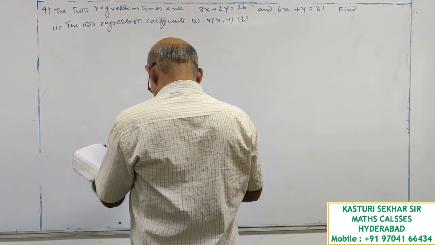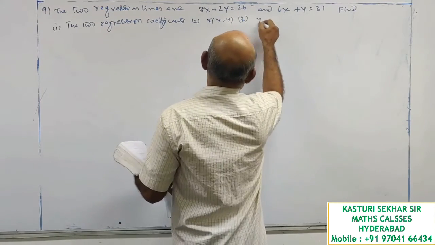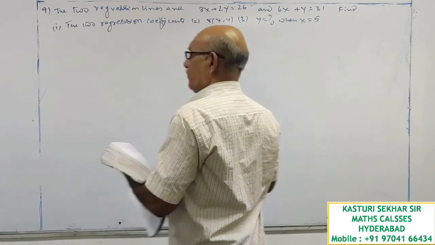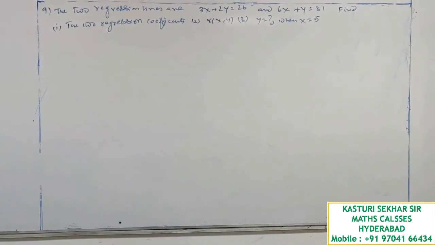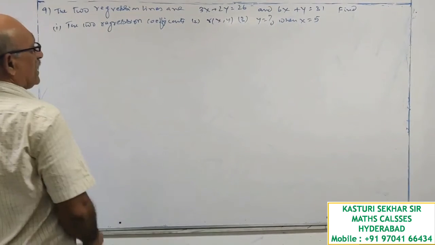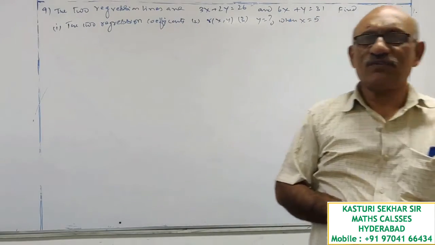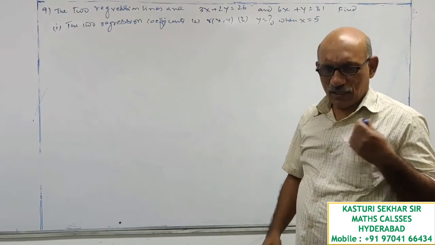Third question, y is equal to question mark when x is equal to 5. These are the three parts it is having.